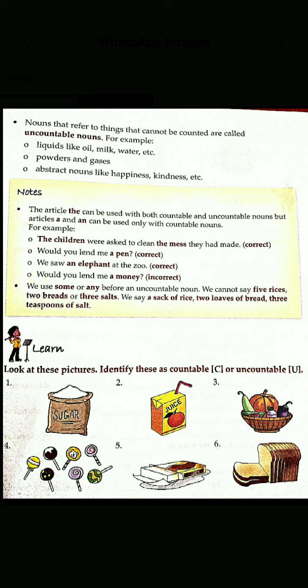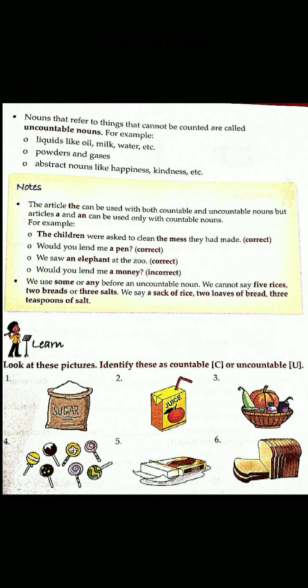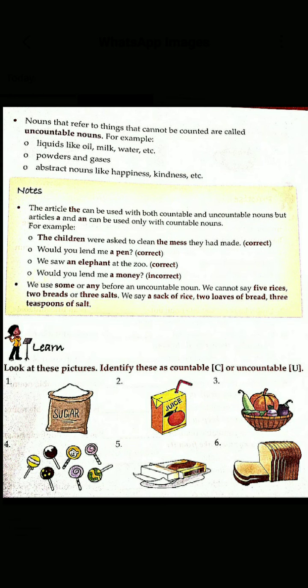Then vegetables, it is countable. We can say, give me one potato, two potatoes, or we can also say vegetable is uncountable, because we are saying give me 1 kg of vegetables. Okay, so it is countable or uncountable.